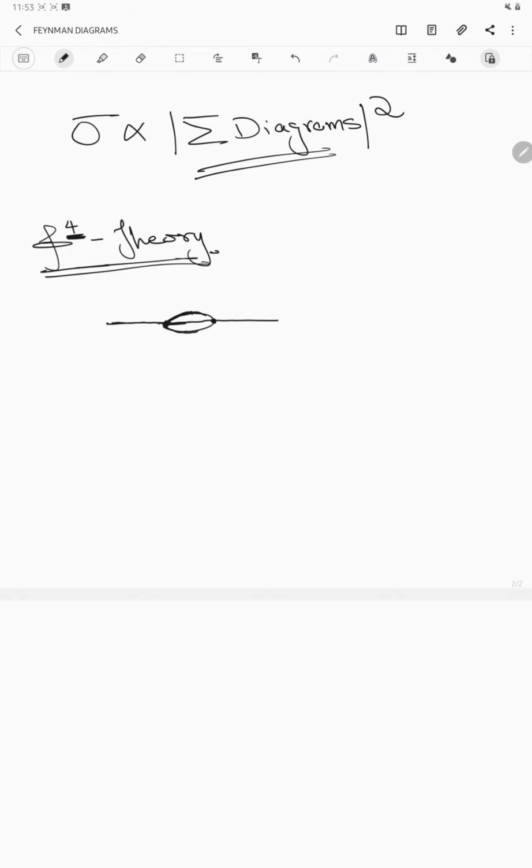We also have QED, which is the theory of quantum electrodynamics. In quantum electrodynamics, you could have a diagram where an electron is just propagating, and it could emit a photon and absorb it back. The photon is represented with gamma, and this is called a self-energy diagram.